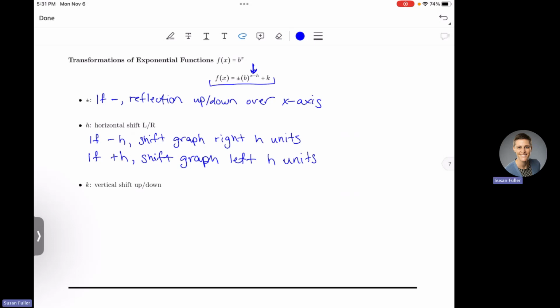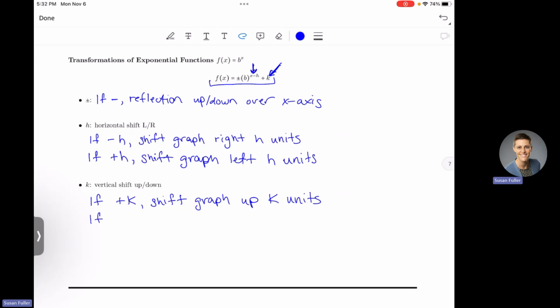And then the last one here is if we add or subtract a number outside here, because we are adding or subtracting outside, that's going to be a vertical shift, and this is going to go the way that you think it will. So if you have a plus k out there, you're going to shift your graph up k units.